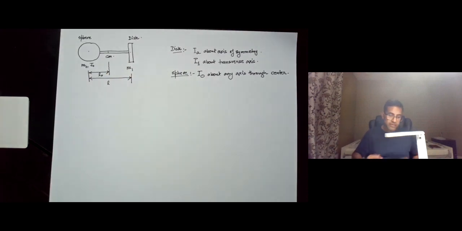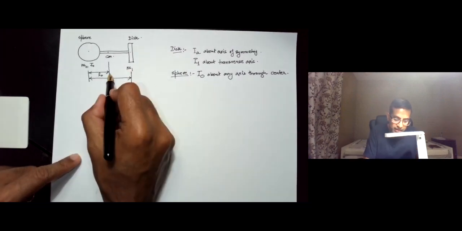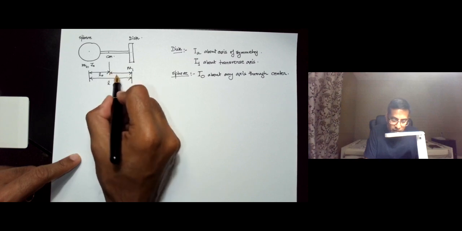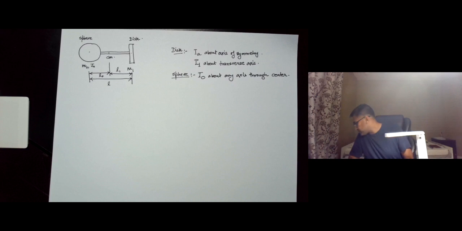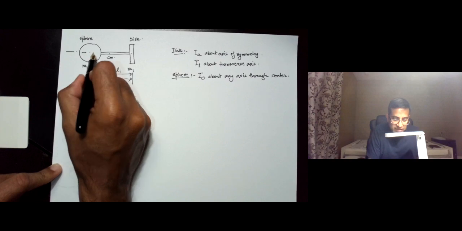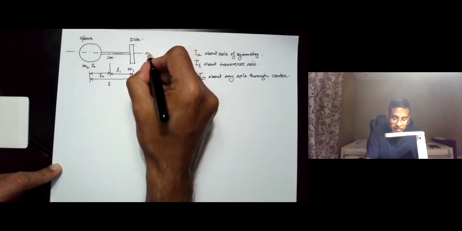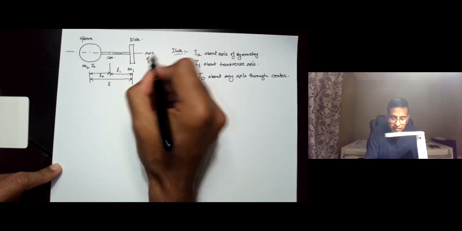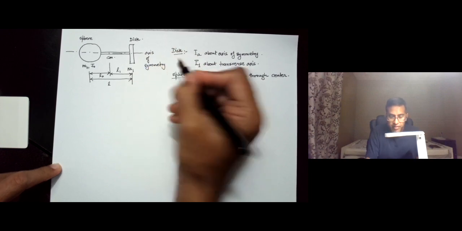It makes a distance of L0 from the center of the sphere, and it is at a distance of L1 from the center of the disk. It is given that this axis, the one that I am drawing right now, is the axis of symmetry of the assembly.